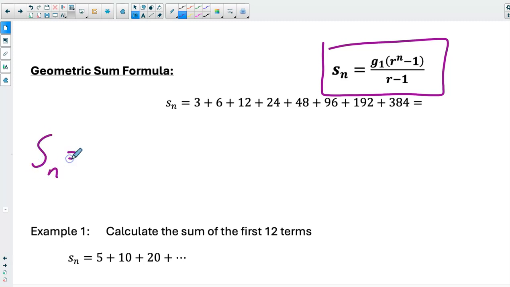So the sum of this one, my first term, g of 1 is 3. My multiplier in this case is what? 2. And then how many terms do I got? 8. So I'm going to put an 8 up here. That's going to be different than what I typed in my calculator in terms of how it looks.